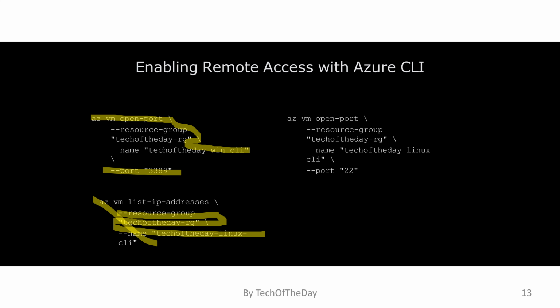So my public IP address for this virtual machine will be, let's say, x.y.z.a. Yours will most likely be different.